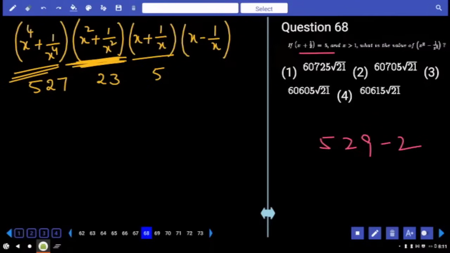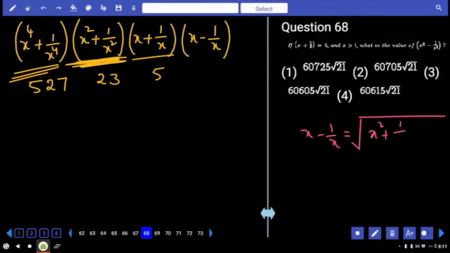Now, x minus 1 by x is equal to under root of x square plus 1 by x square minus 2 into x into 1 by x. x into 1 by x gets cancelled, so I am not writing that. We already know this value, x square plus 1 by x square.